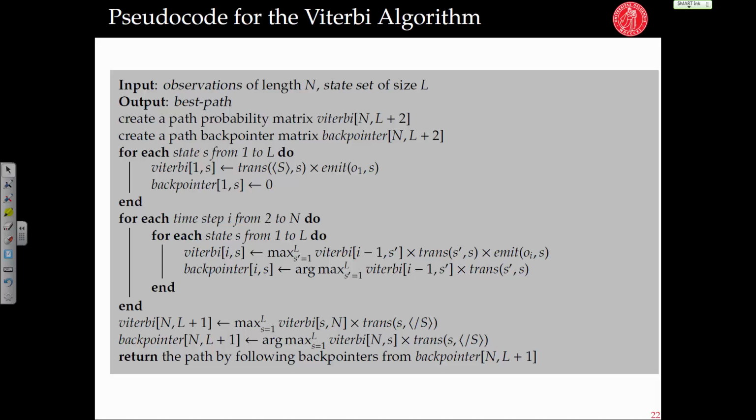It's basically for all possible preceding states, we look at the maximum probability for that state at a given time point i minus 1, and multiply that by the transition probability from that state to the current one, and the emission probability of observation o_i given s. These are not joint probabilities, of course. I mean, this is pseudocode, and so on and so forth.